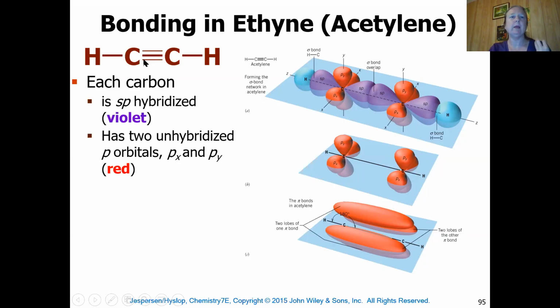Oh, okay. You have 3 sp, but 2 are associated with this carbon and 2 are associated with this carbon, because the hybridization is for each central atom. So this is an sp, this is an sp. You can have different hybridizations.